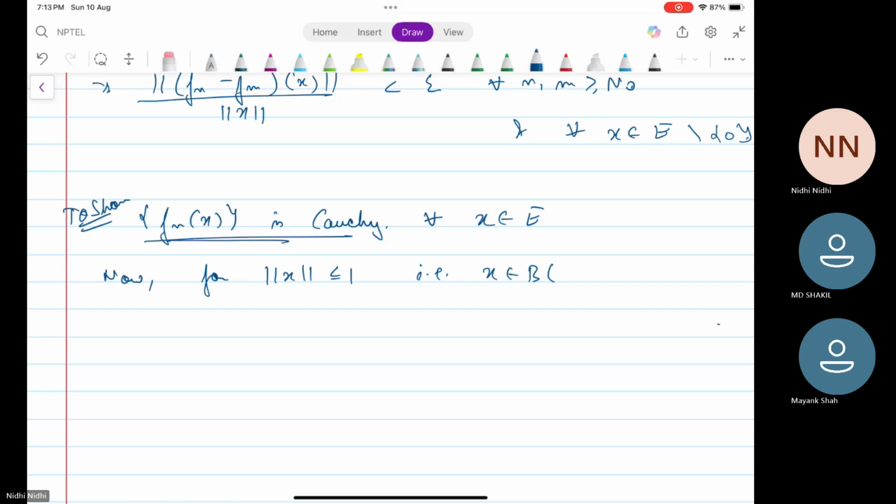So when x belongs to B0,1, we have norm Fn minus Fm x less than or equal to alpha times norm x.